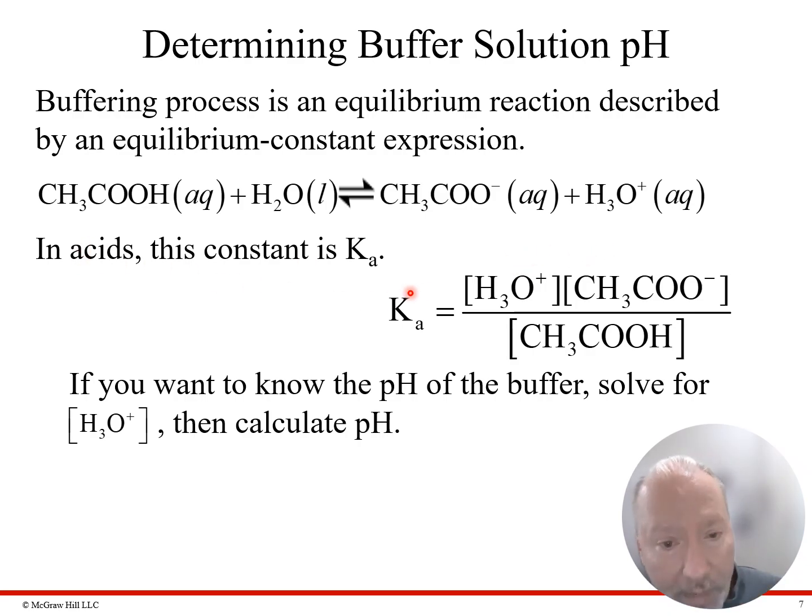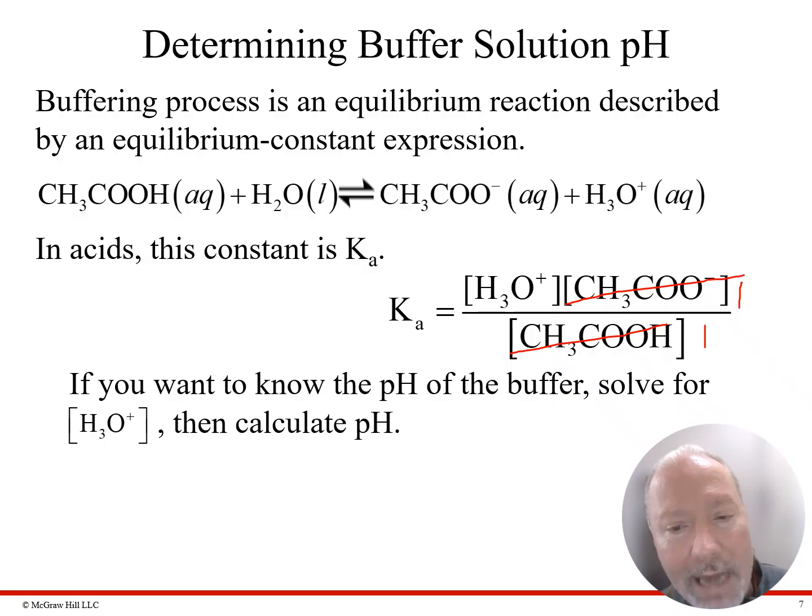Okay, so now what happens? Remember I told you this trick about making the acetate anion concentration equal to the acetic acid concentration, making the concentrations equal. And when these are 1 and 1, they would simply cancel out.